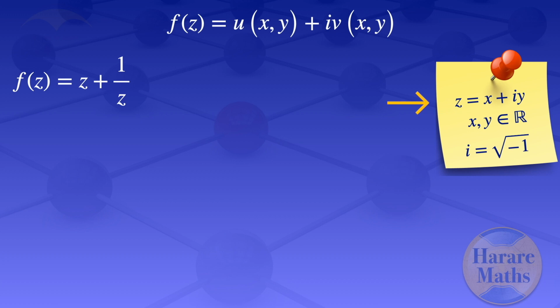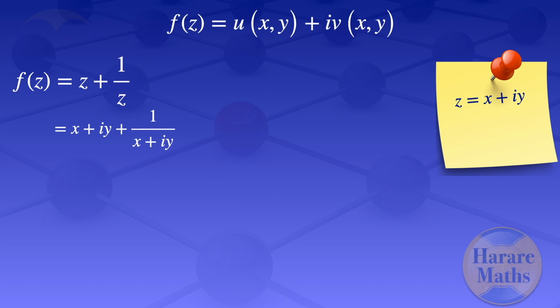So if we put this form of z into f(z), we would have x + iy + 1 divided by x + iy. We can then look at this part here. That's a fraction, a division of a complex number. When dividing complex numbers, we multiply the numerator and the denominator by the conjugate of the given complex number.